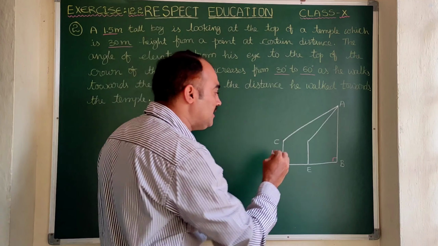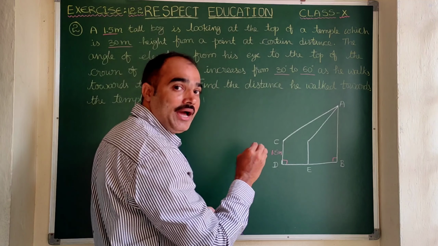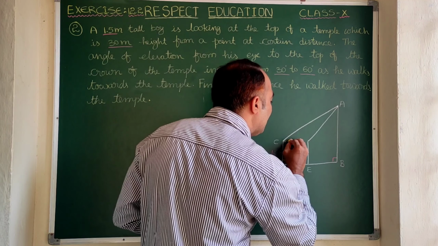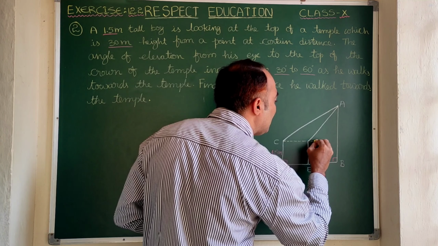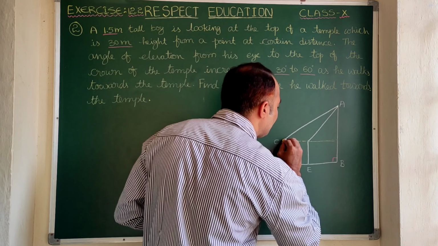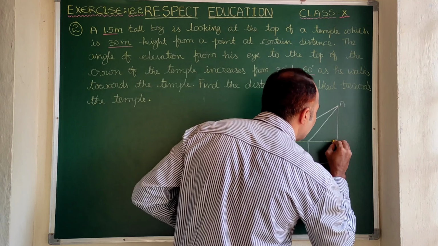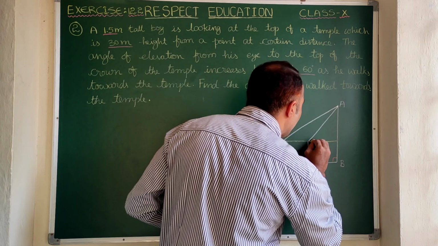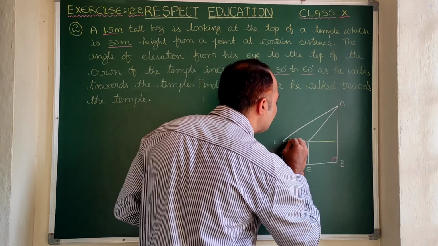For that purpose we have to draw a line which is parallel to the earth. So here let us draw a parallel line that is parallel to the earth. So this new line is parallel to the earth.